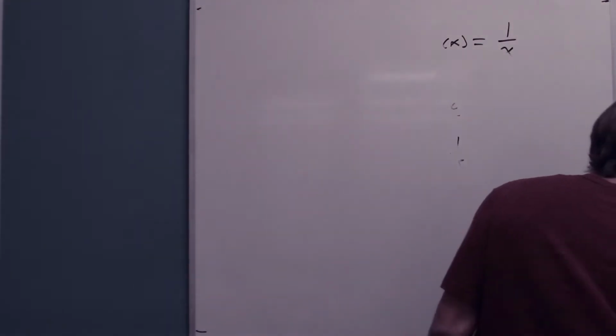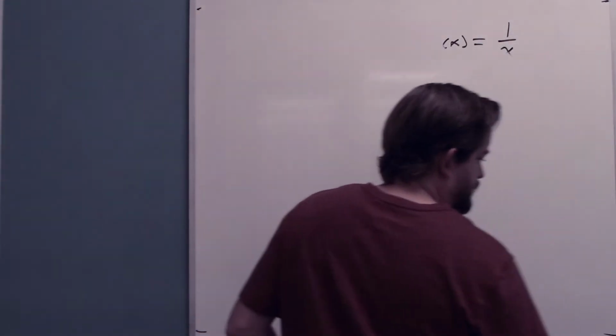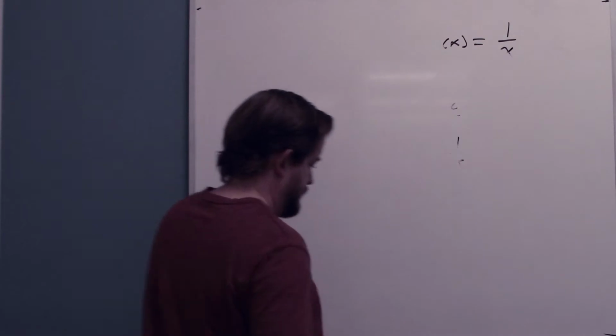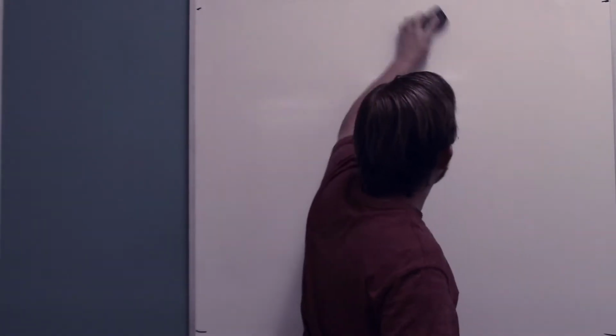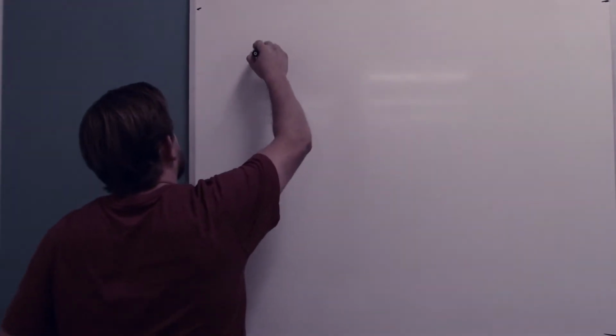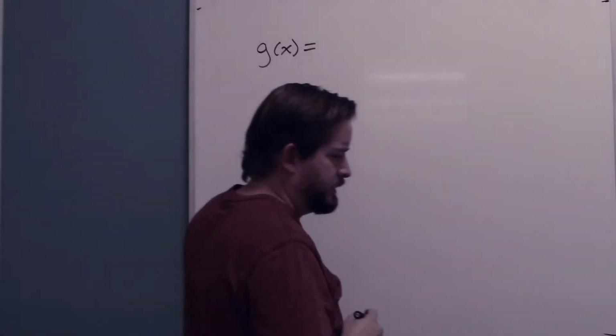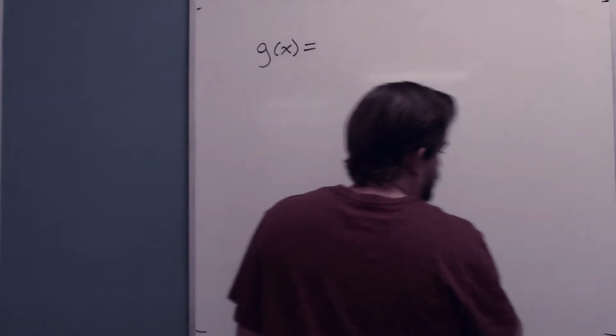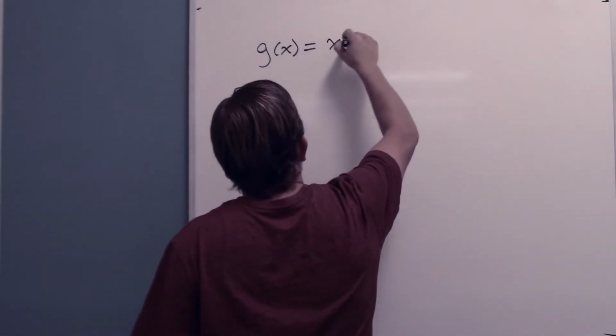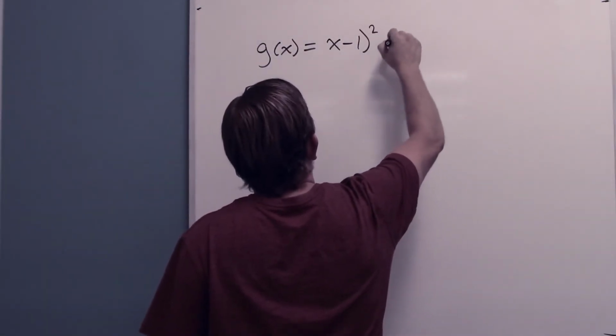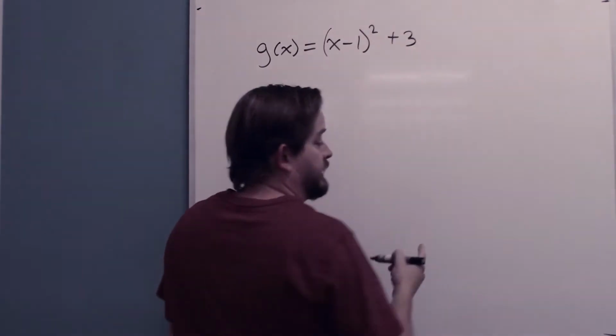All right, and then the very last one, let's do this g of x equals x minus 1 squared plus 3. And we're asked to find the inverse.